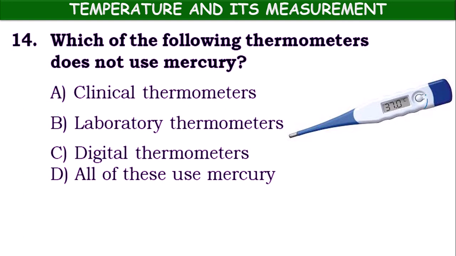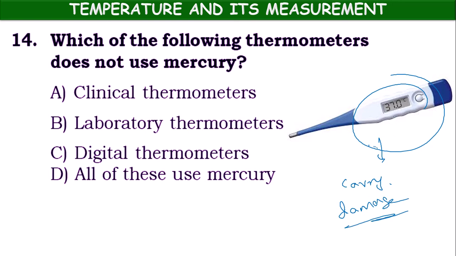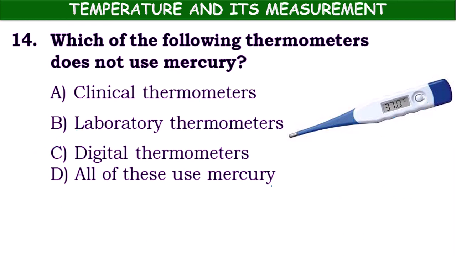Digital thermometers are specially designed so that we can carry them anywhere without any damage. In them, mercury will not be used. So the correct option is C.